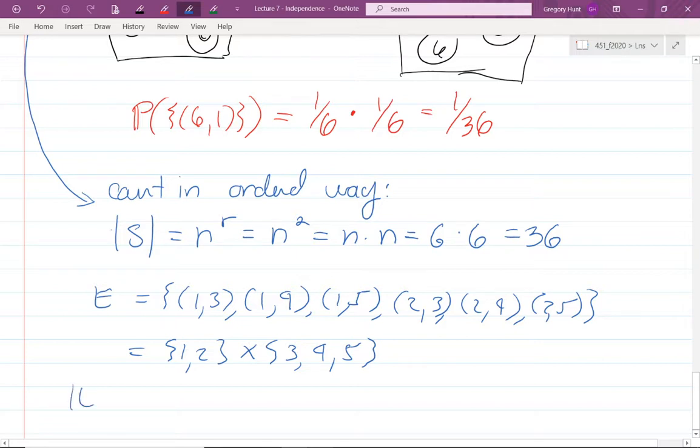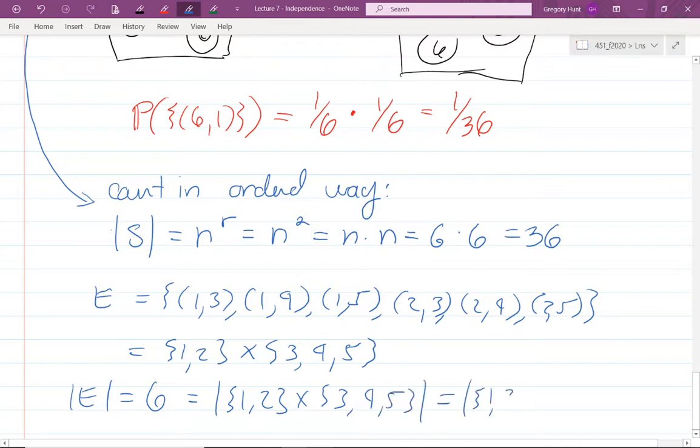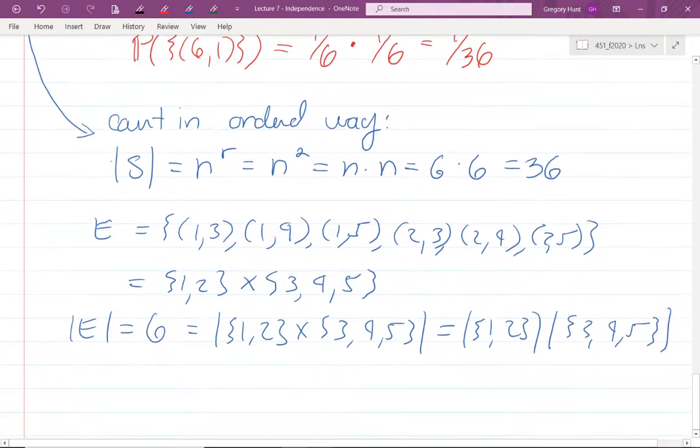And so the number of elements in E, which we can count as 6, is the number of elements in this Cartesian product, which is the number of elements in {1, 2} times the number of elements in {3, 4, 5}. So you can always do that. The number of elements in a Cartesian product, as long as the sets are finite, is just the product of the number of elements in each. And that's 2 by 3, right? That makes sense.